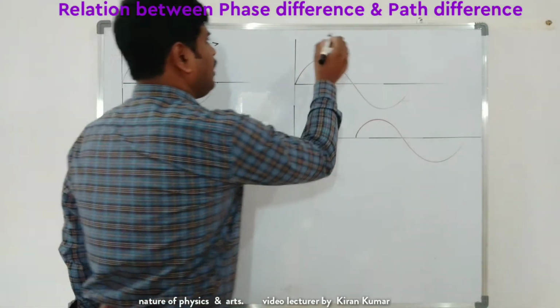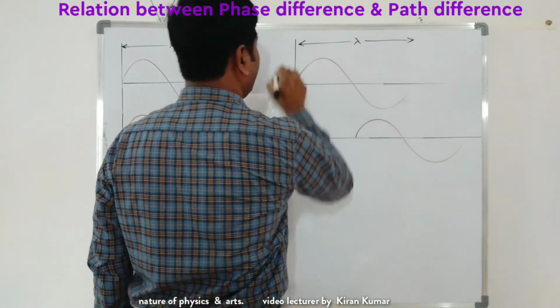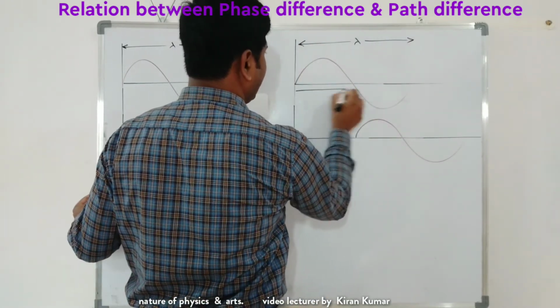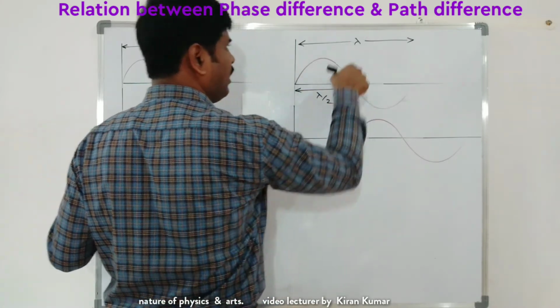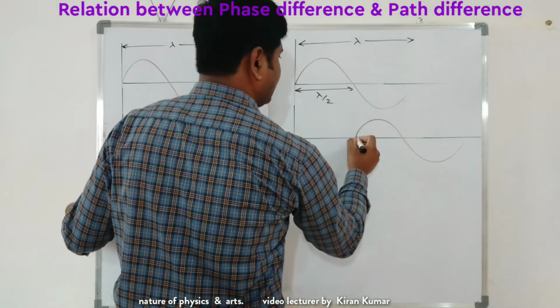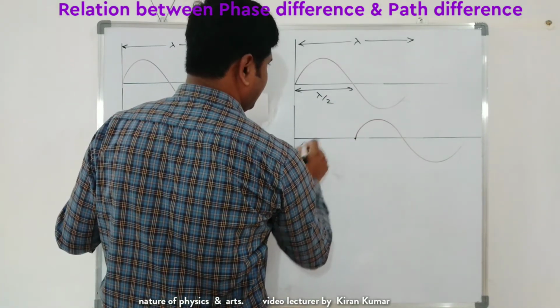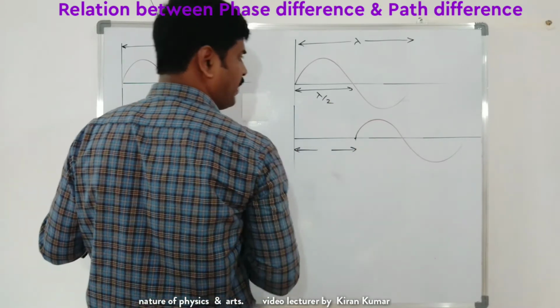See, here this is lambda. Try to understand, and this is taken as lambda by 2, half of the wavelength. See, for this the path difference is lambda by 2 and the phase difference we have to find.